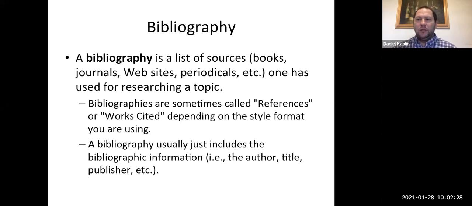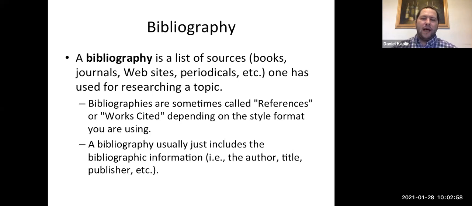So for a psychology class, do not put works cited. You can put references at the end of your paper. And if it's an annotated bibliography, you could still use annotated bibliography because that's not your final paper. So in APA style, you might have either the term annotated bibliography or the term references.